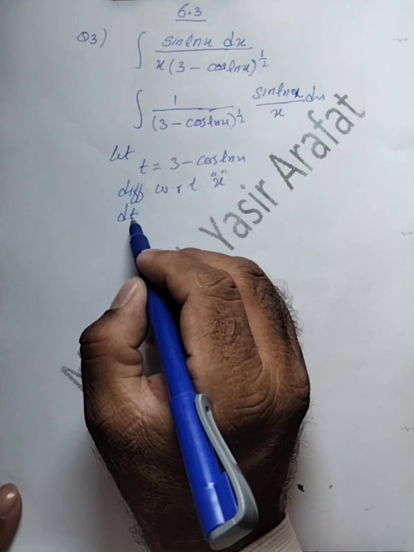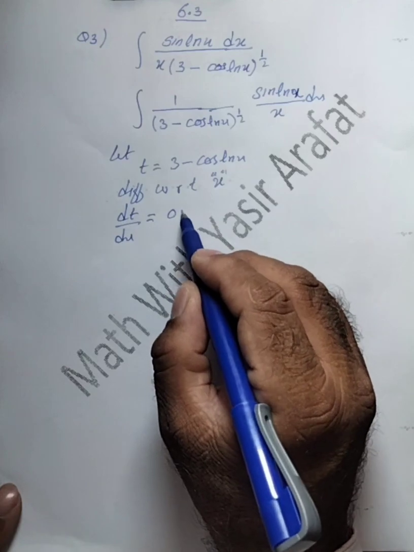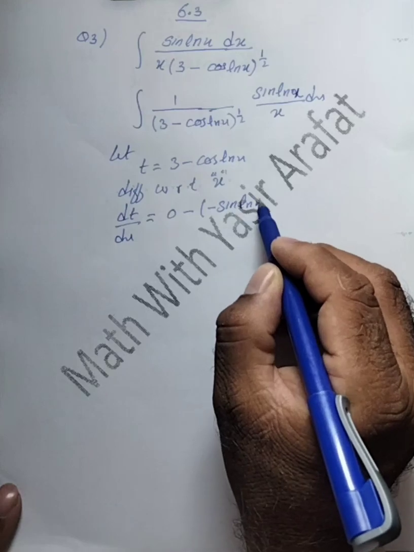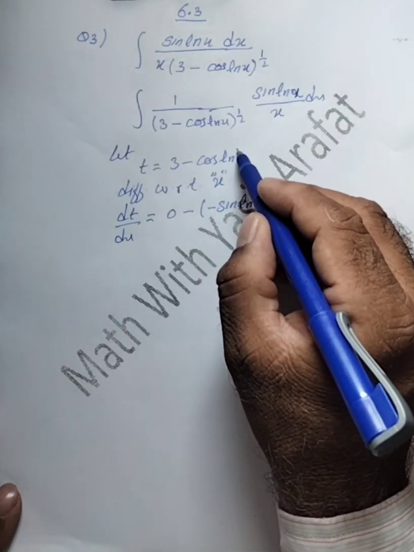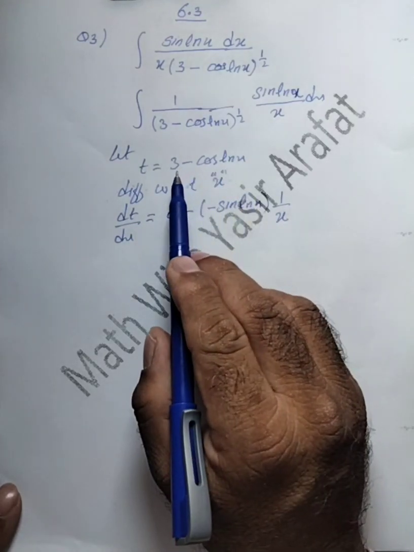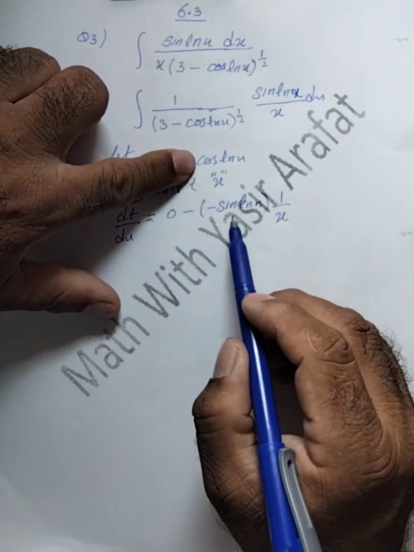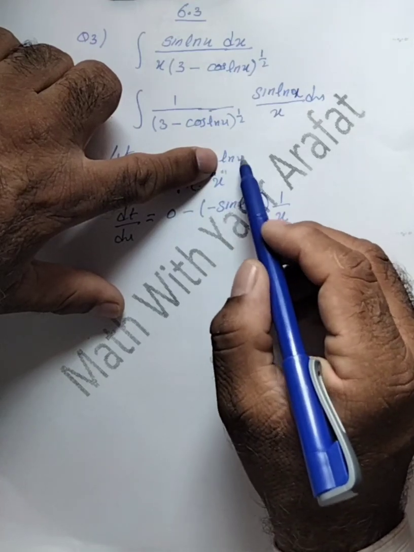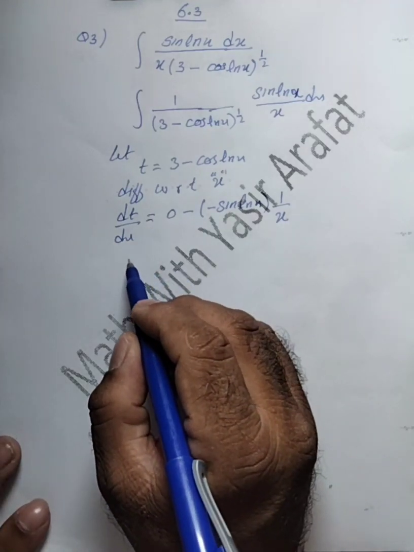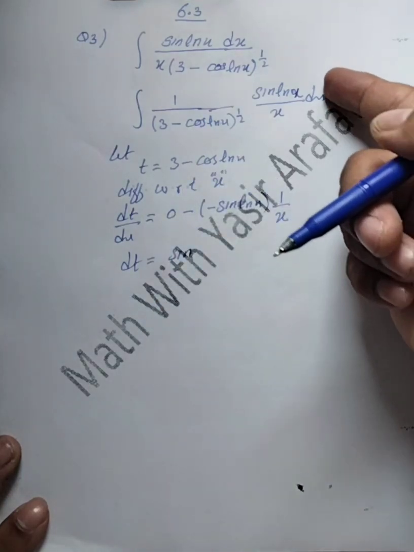So dt over dx equals the derivative of 3, which is 0, minus the derivative of cos, which is minus sine with the same angle, and then we have to find the derivative of ln x. The derivative of ln x is 1 over x. So minus minus is plus, that means this is the function and its derivative here.